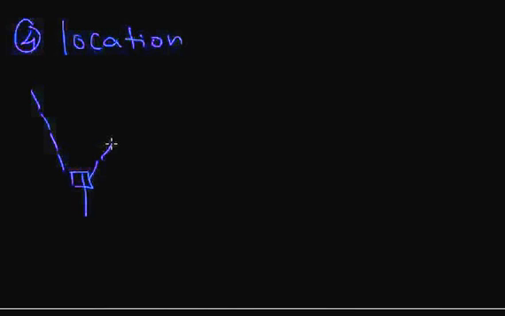The fourth point in a candlestick is always location. Location is the most important, because if, for example, you see a candle here which is a hammer, it means a reversal sign. But if you are looking at a sideways market and you see a hammer here, it doesn't have much significance.